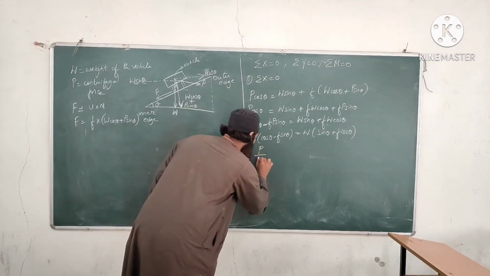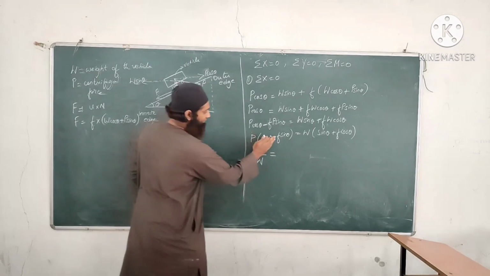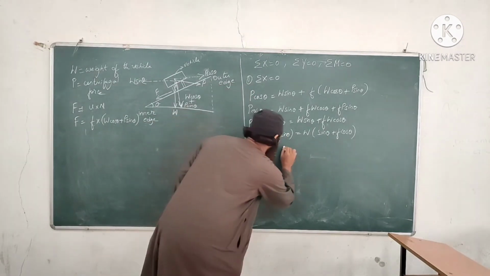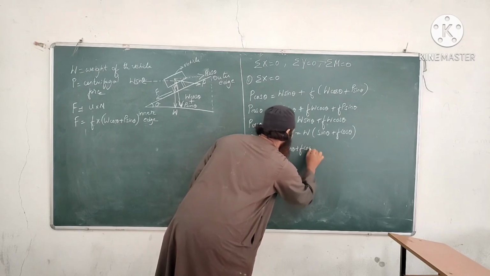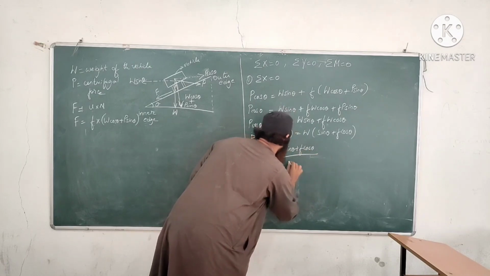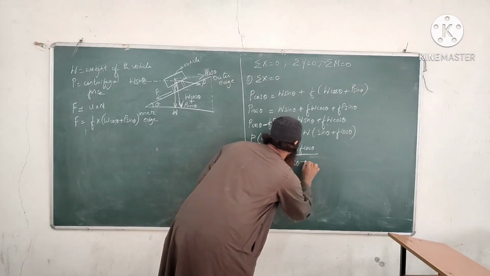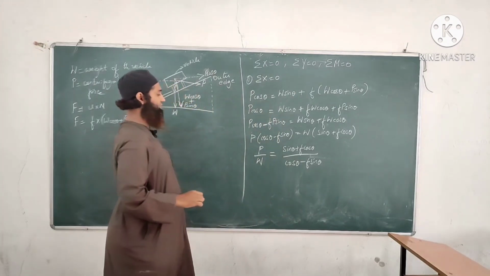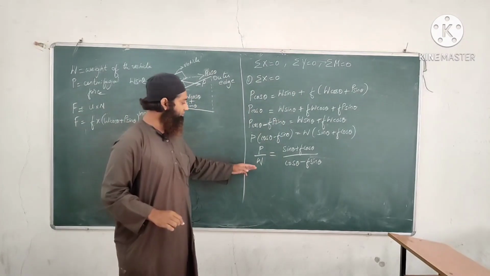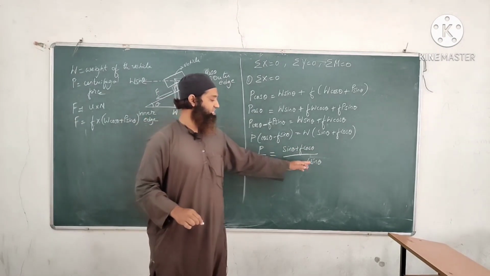I will just change the terms here, P by W. I have got W this side, so I am taking these terms that side. So P by W is equal to sin theta plus F cos theta by cos theta minus F sin theta.